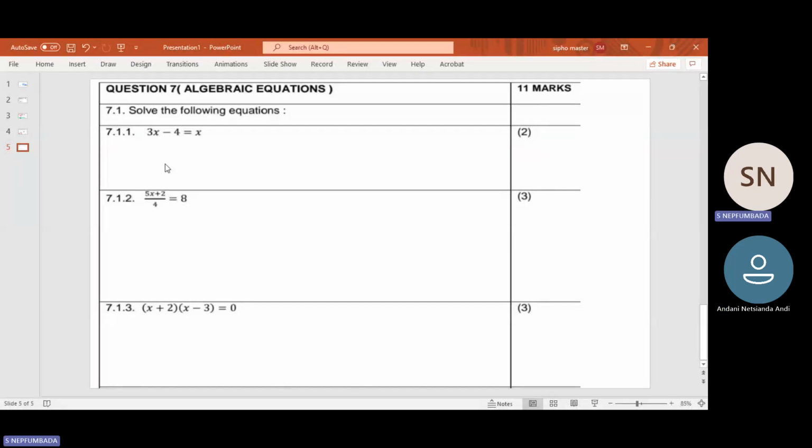How did you solve this equation? I transpose 3x and x. So I said 3x plus x. It's not plus, it's minus. Oh, sorry.